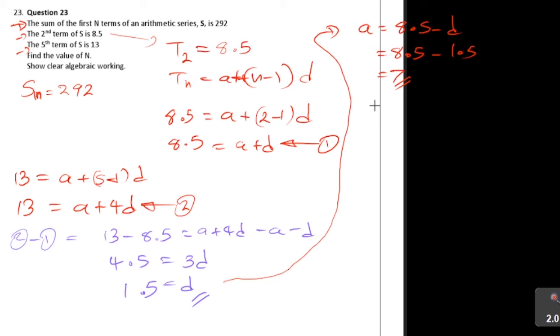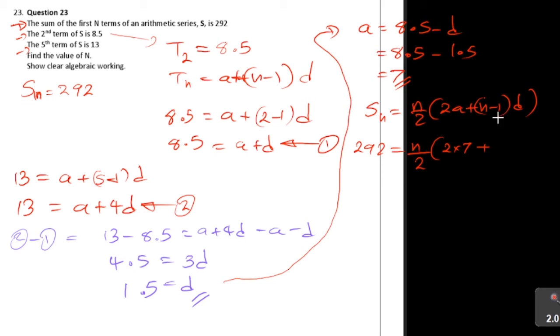292. We know the equation for Sn: Sn equals n over 2 times 2a plus n minus 1 times d. So let's substitute Sn as 292. We don't know n, we have to find n. So n over 2 times 2 into 7 plus, again, n minus 1 times d, which is 1.5.